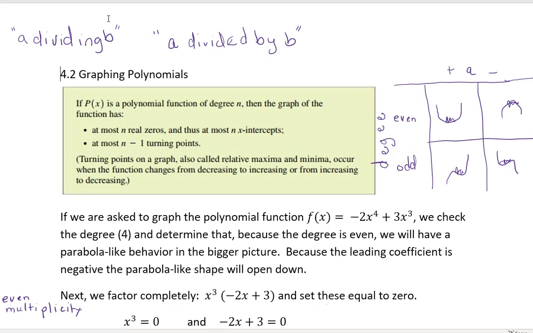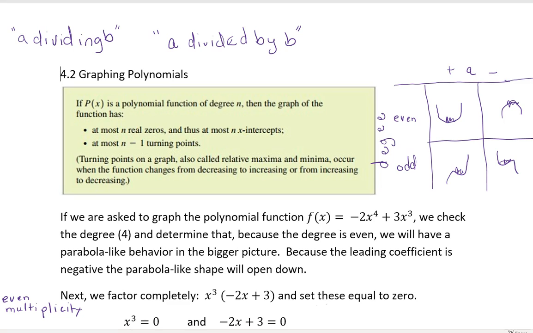So what we have here is, I'm going to give you an example. We have negative 2x to the fourth, and then I have plus 3x to the third. We're going to factor that out here in just a moment. I'm going to just remind folks about the general shape.